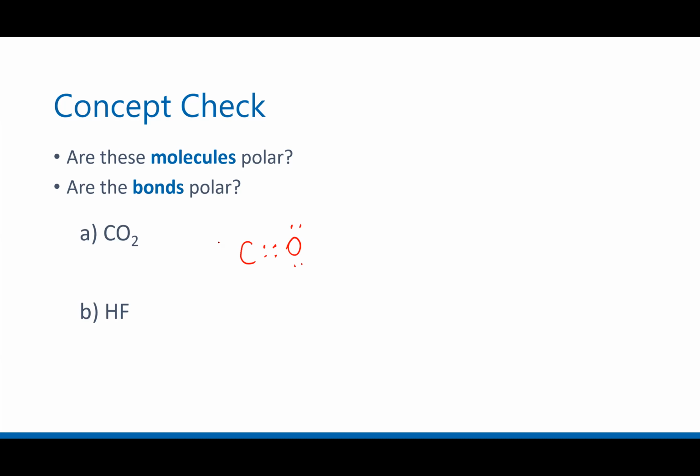So this is the electron dot diagram for CO2. This is the electron dot diagram for HF.